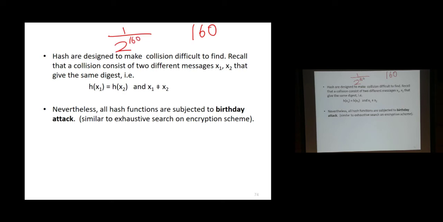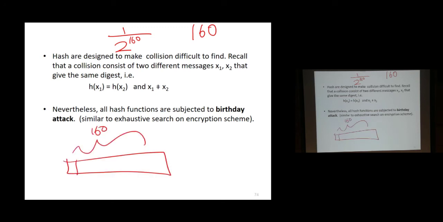You randomly pick two data, hash them, assuming they are random, then what is the chance that these 160-bit digests are exactly the same? The probability that the first bit is the same is half, this one is half, this one is half, then you multiply all of them together to get 1 over 2 raised to the power 160.